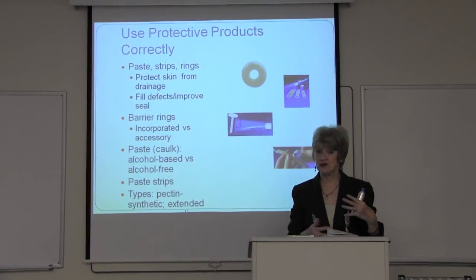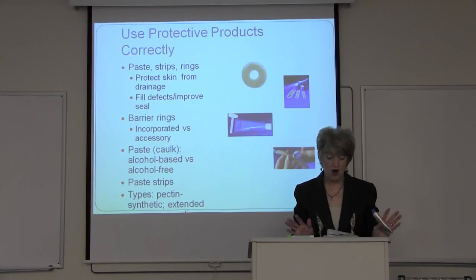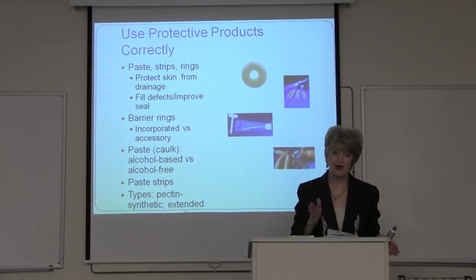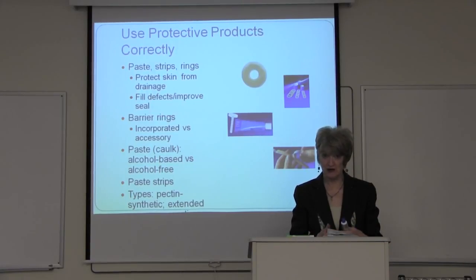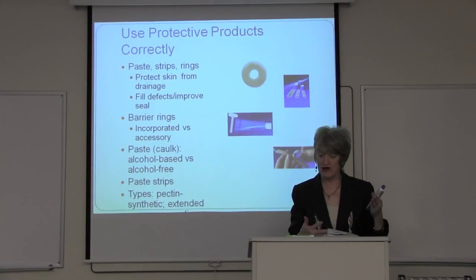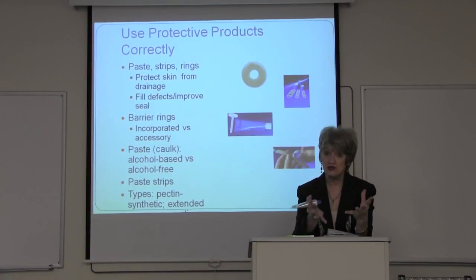So whether you're using a Convatec product, a Hollister product, a Coloplast product, almost all of the protective products you use are going to be pectin, gelatin, carboxymethylcellulose based. And what those products do a very good job of doing, either in combination or individually, is conforming to the peristomal skin and resisting breakdown.